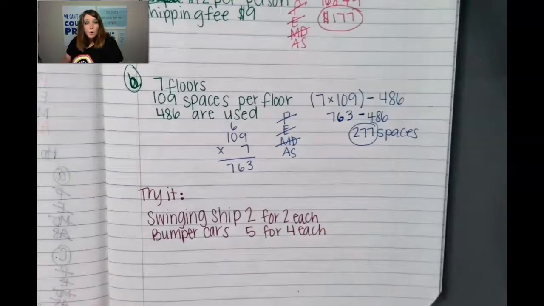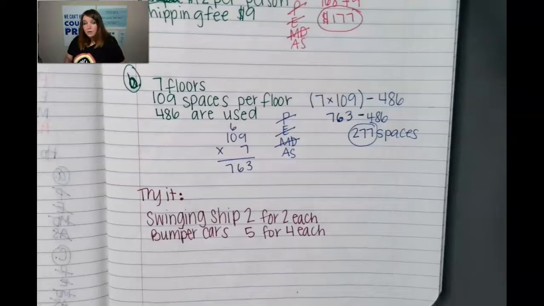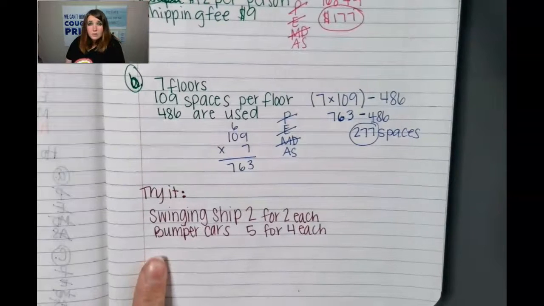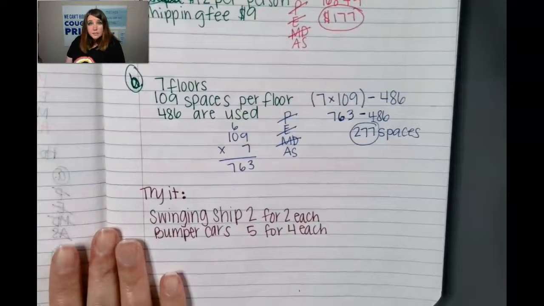Okay, I want to know how many tickets it took all together. So you're going to probably want to pause the video right now. Otherwise, you're going to hear me telling you how to solve this problem. Okay, so hit pause.